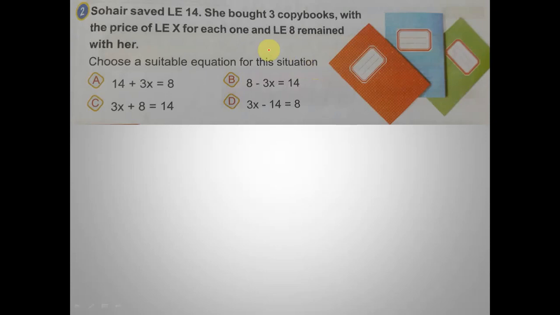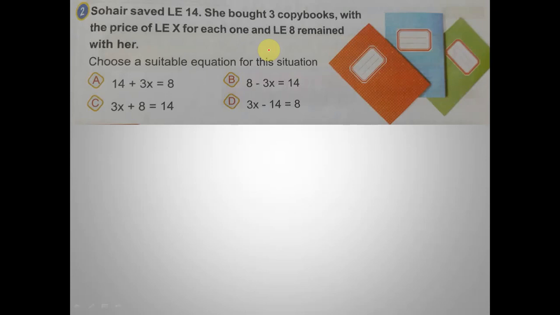We try to calculate the total price of the copybooks. The price of each one equals X, and she bought 3.